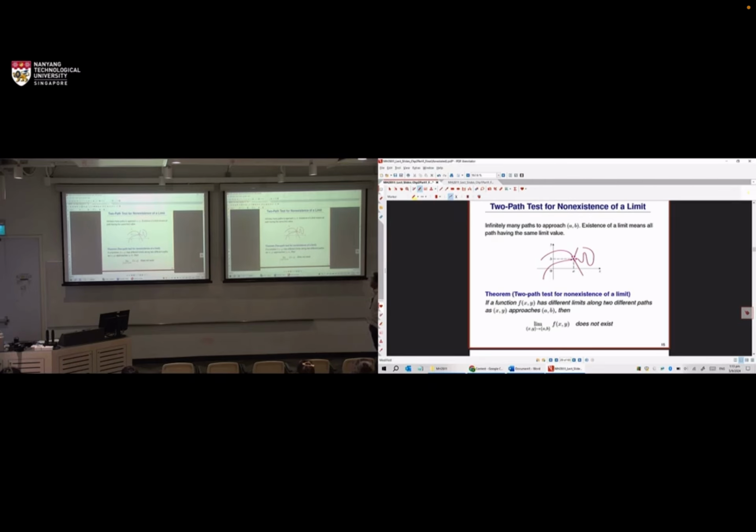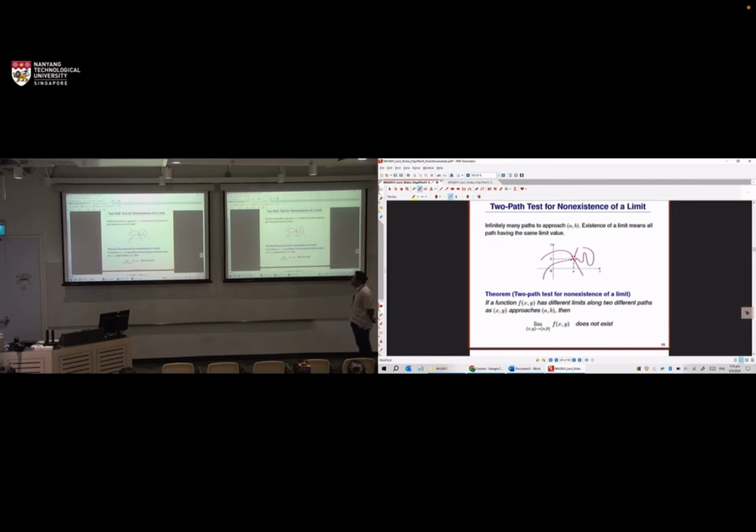Existence of a limit means all paths have the same limit value. In single variable calculus, limits exist when the left limit equals the right limit. That is the limit, that's the number. Now it's not just left limit and right limit; now it's all paths. You can see so many paths leading towards (a, b).